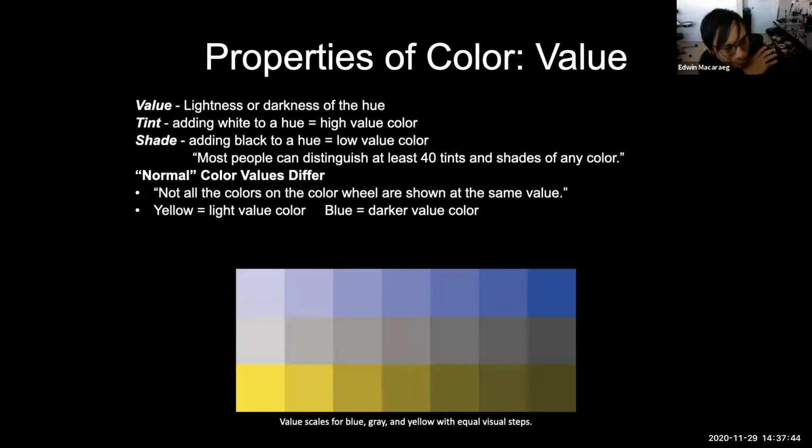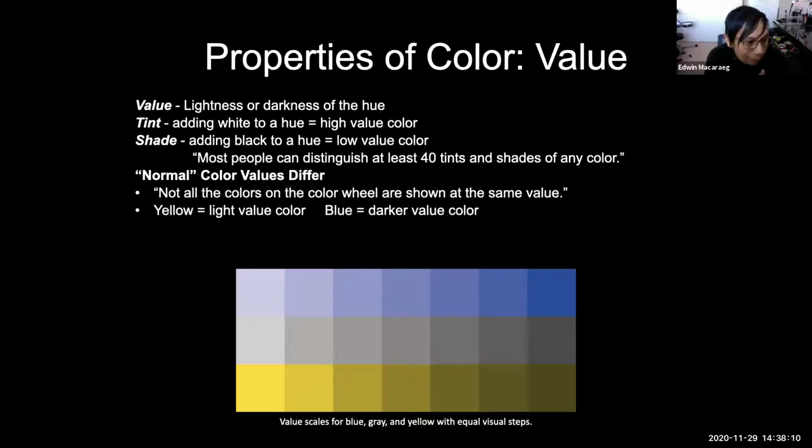Sometimes when colors are too vibrant, if they are not really working for a particular color scheme that you are working on, you can always try to add a little bit of white, make it a tint of that color. And you can also do the opposite, where you can add a little bit of black to lower the intensity.